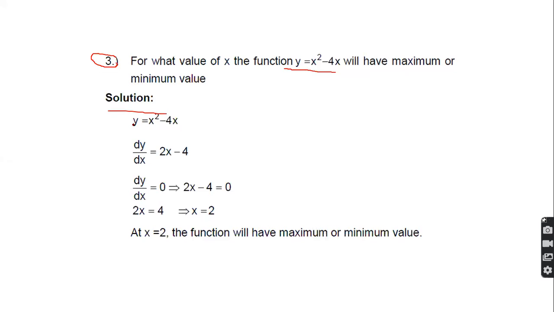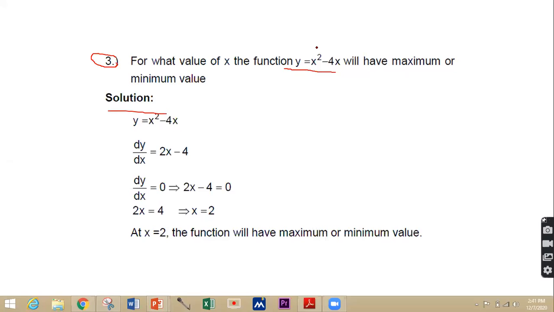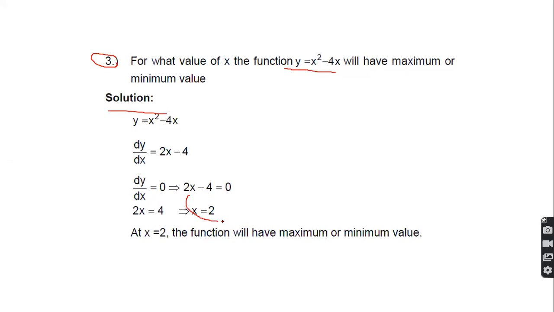See the solution. Given y equal to x square minus 4x, dy by dx is 2x minus 4, and then dy by dx equal to 0, that is 2x minus 4 equal to 0, so x equal to 2 here. So at x equal to 2, the function will have the minimum value or maximum value.